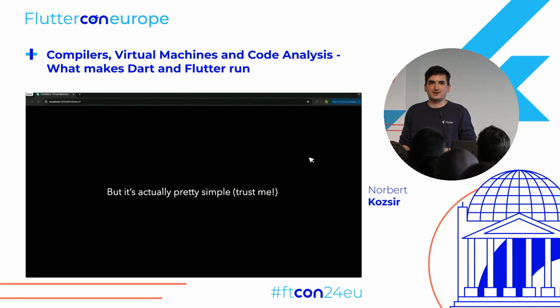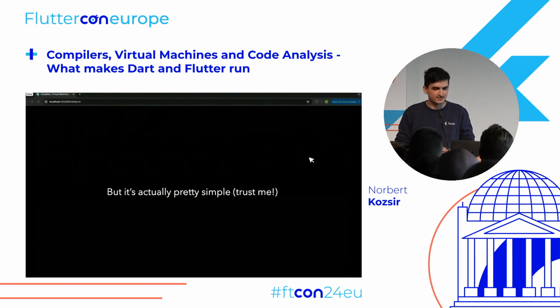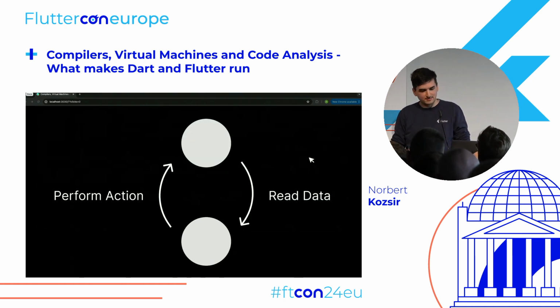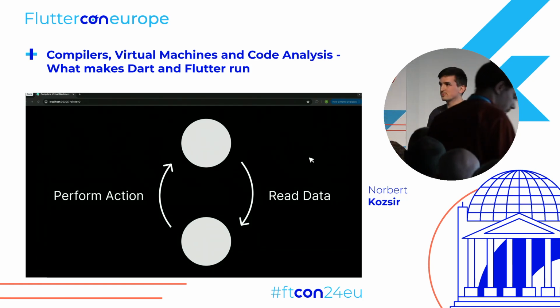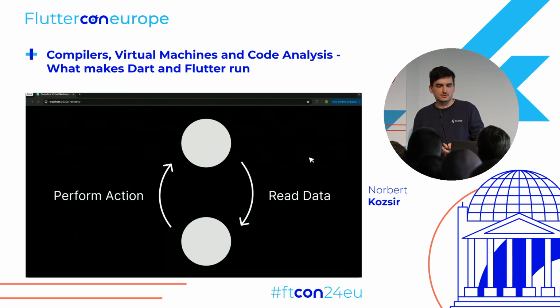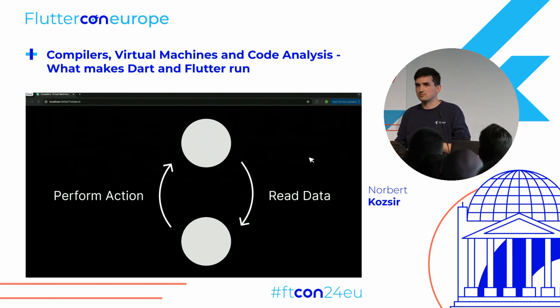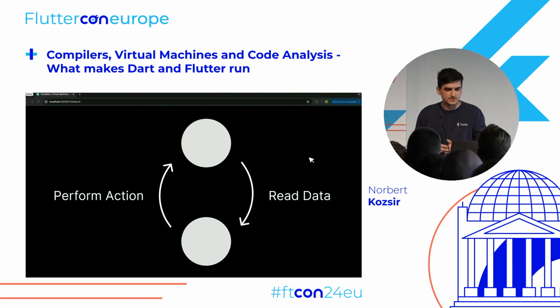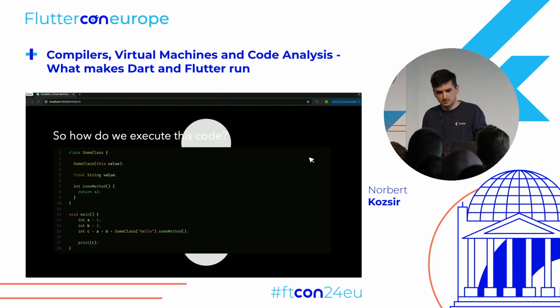A lot of things that are happening are mostly optimizations or some hardware things that need to be done. But the concept pretty much is we want to perform some action based on some data. So a computer works by reading an instruction and based on the instruction executing some code, which may in turn write some data, perform some binary operation, and then continuing the cycle.